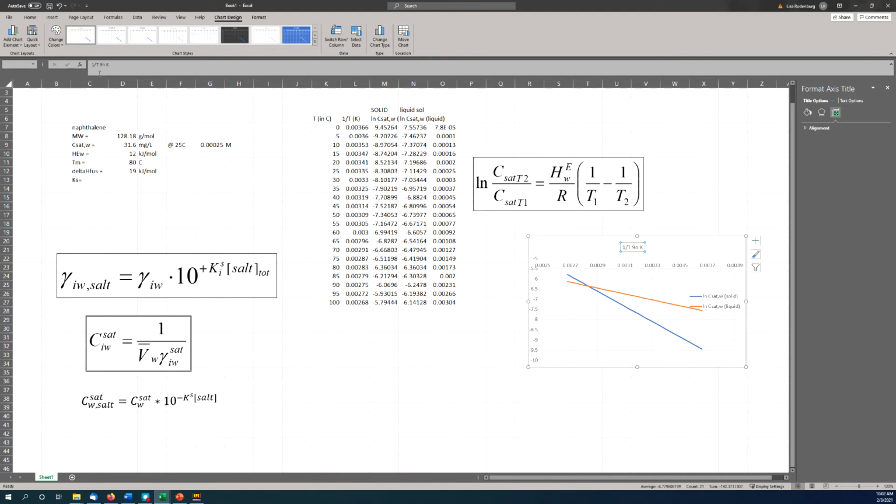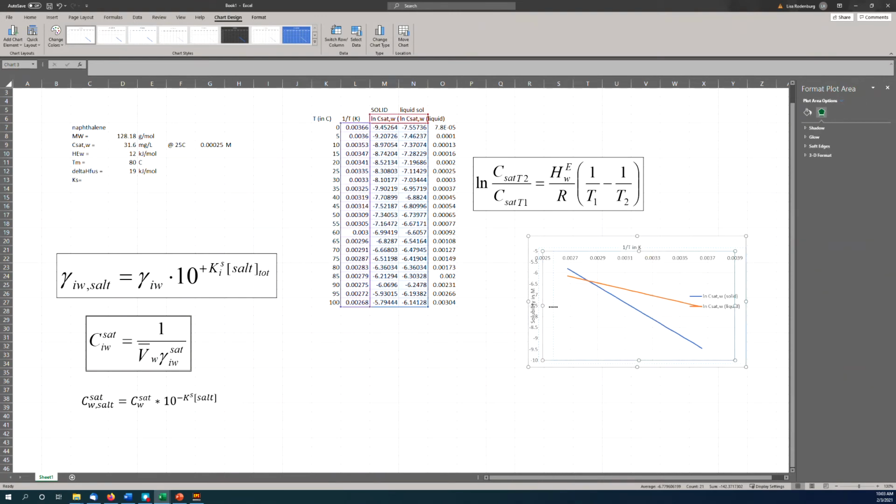I can type. Not very well, but I can type. There we go, 1 over T in Kelvin. And then we want to add our other axis title, our vertical axis title. This is now solubility in molar units. Gonna make this a little nicer so you can see everything.